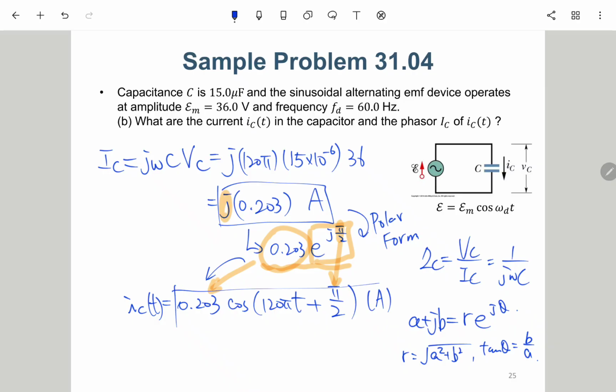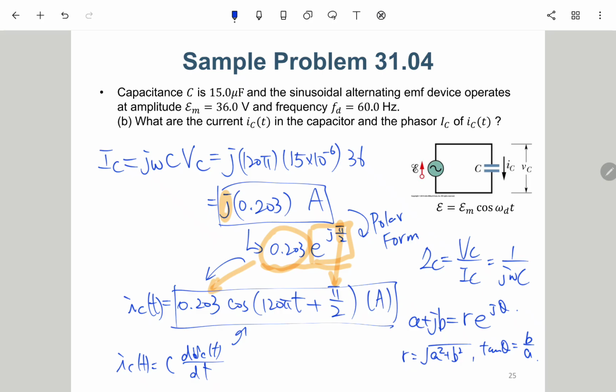If you don't use the phasor, you can just take the derivative, IC of t equals c dvc dt. You can actually come up with the same thing, maybe it turns out to be a negative sign of something, and then with j omega.